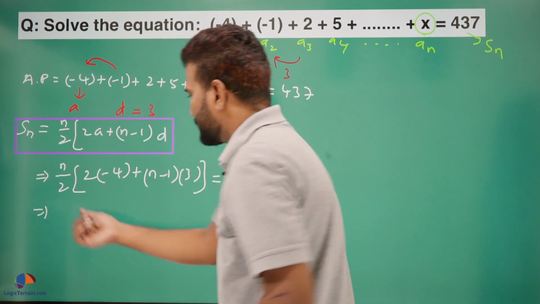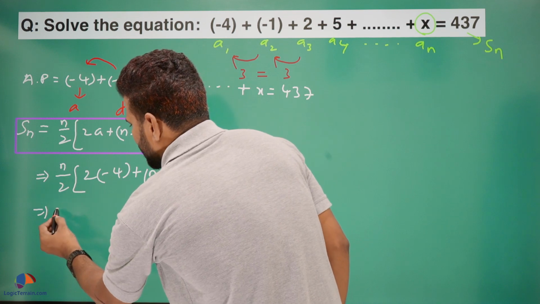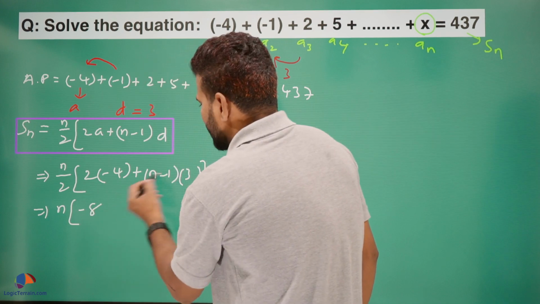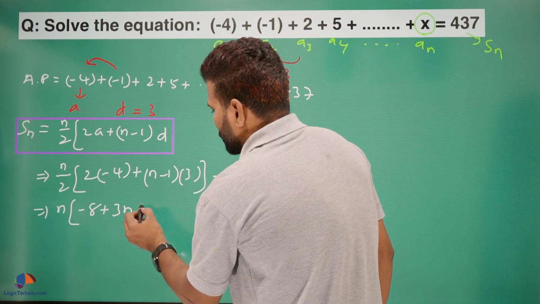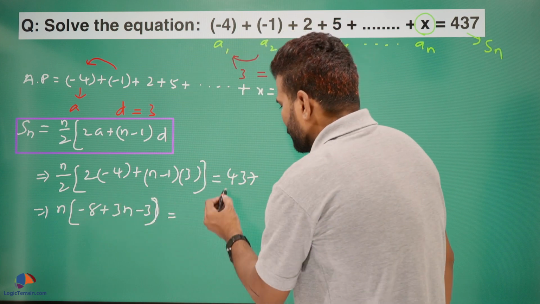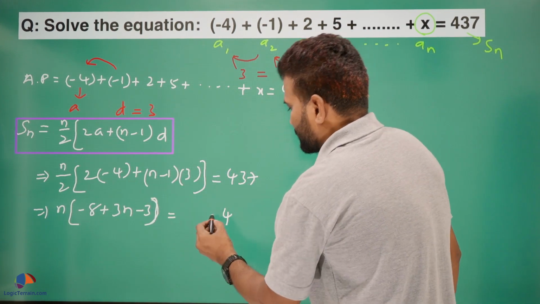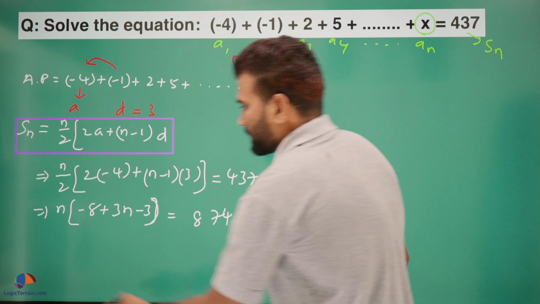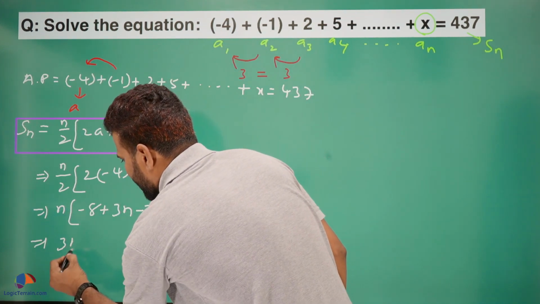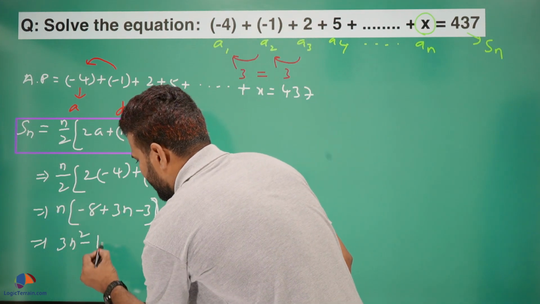So further here 2 is dividing, if it comes here it multiplies, and further n into 2 into -4 is -8, 3 into n is 3n, -1 into 3 is -3, is equal to 2 into 437. 2 7s are 14, 2 3s are 6 plus 1 is 7, 2 4s are 8. So further we simplify: n into 3n is 3n square, -8, -3 is -11, -11 into n is -11n.